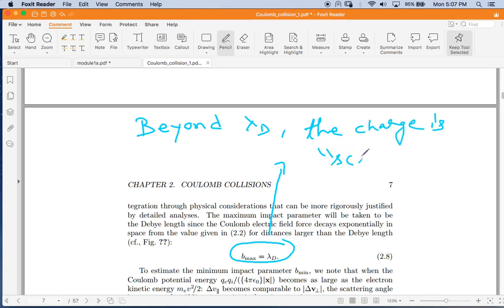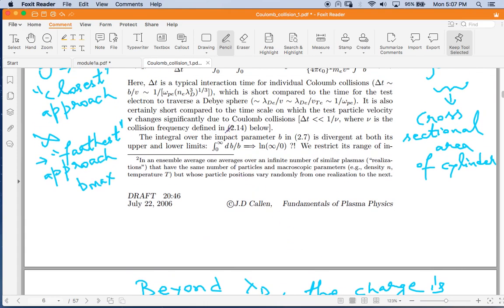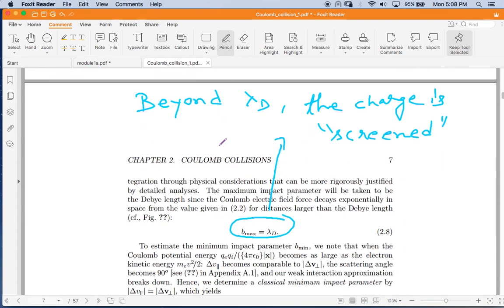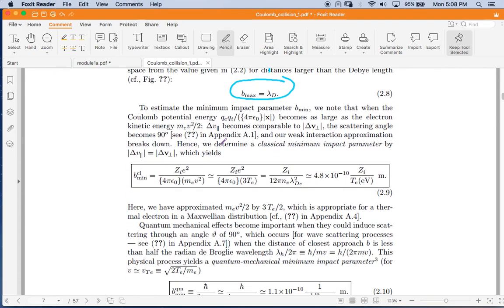That was the whole point. So why bother about any B's that are larger than lambda D? Instead of infinity as the upper limit, we simply say lambda D. What about a B min? That's a little more tricky.